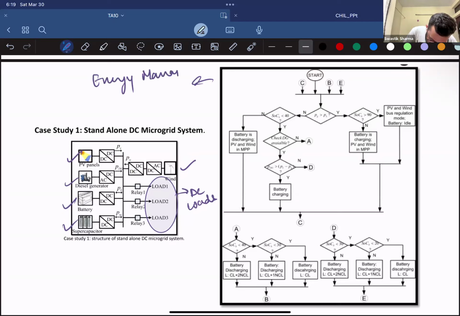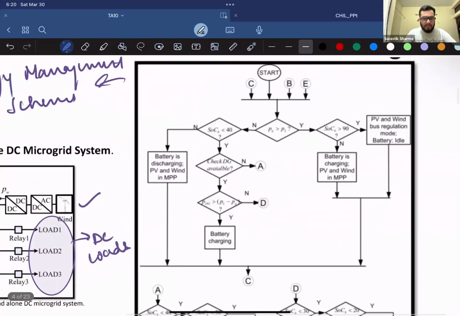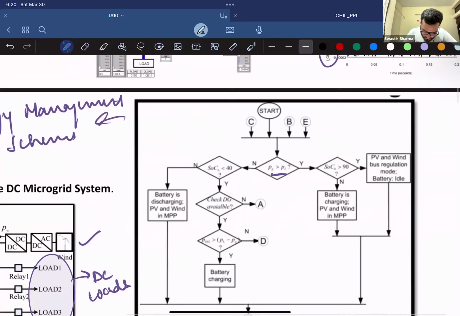We talked about this last class. The power management scheme controls the power flow across the whole DC grid, and the energy management scheme controls how much energy you can derive from which sources and sets the normal set points. So let's start with, let's say you have enough grid resources available to meet your load, right?